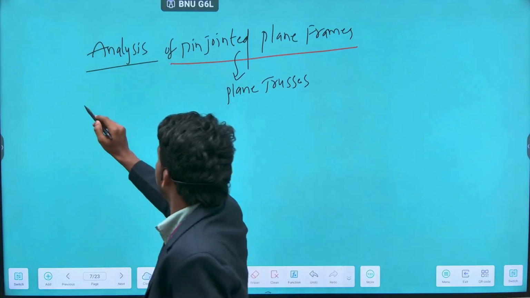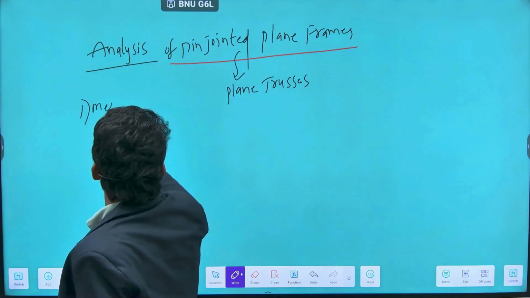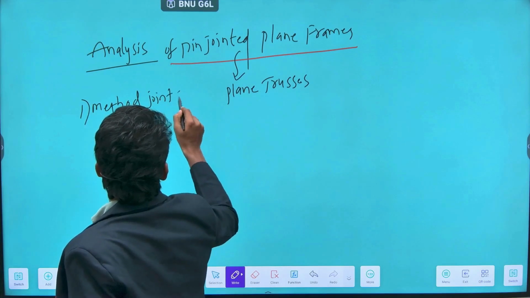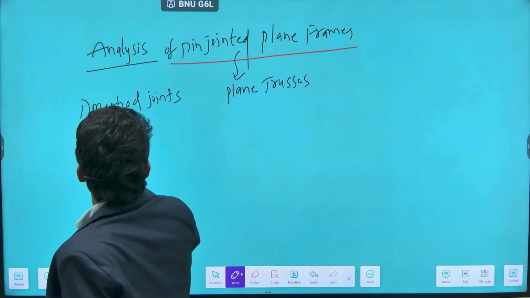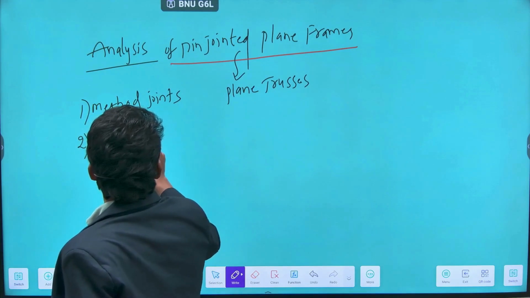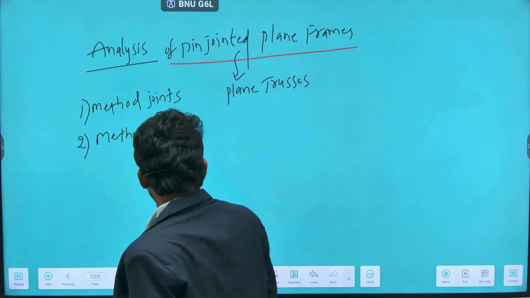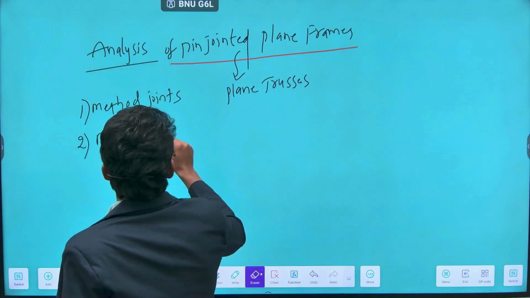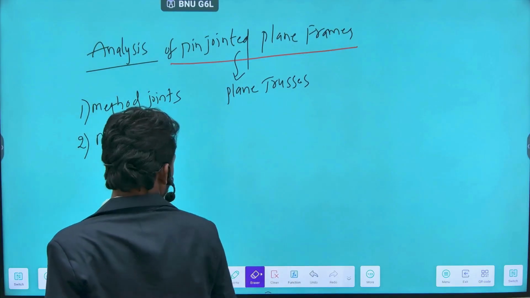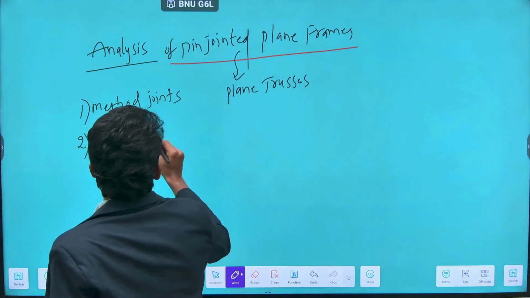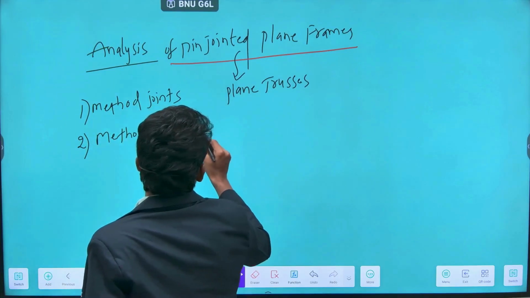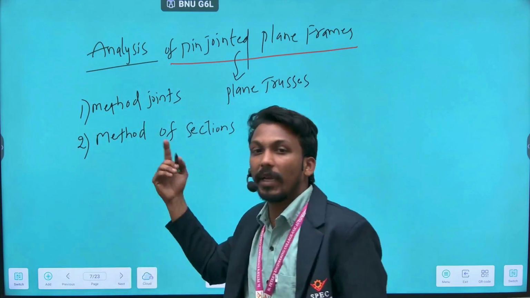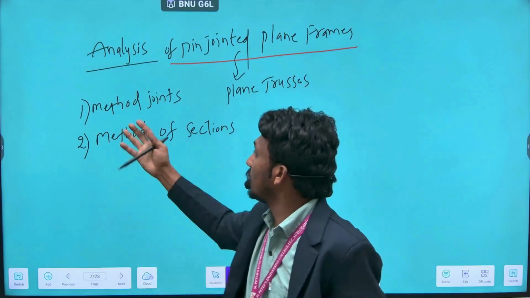The first method is method of joints, and we have another method of sections. These are the major methods.